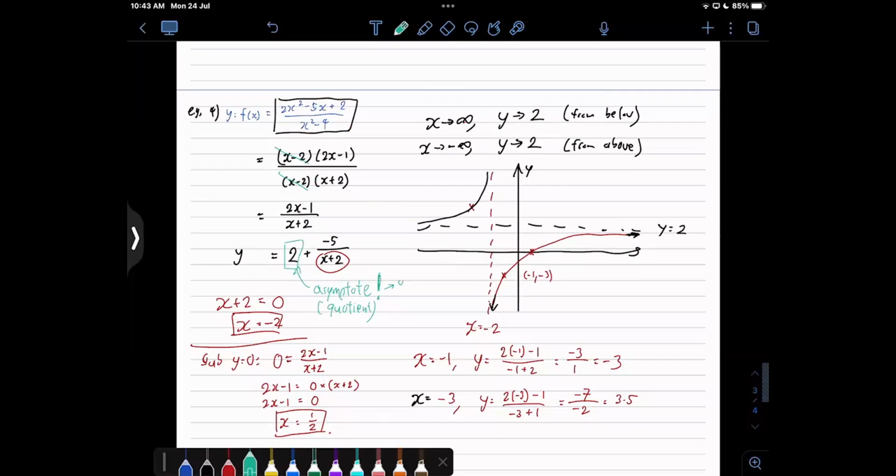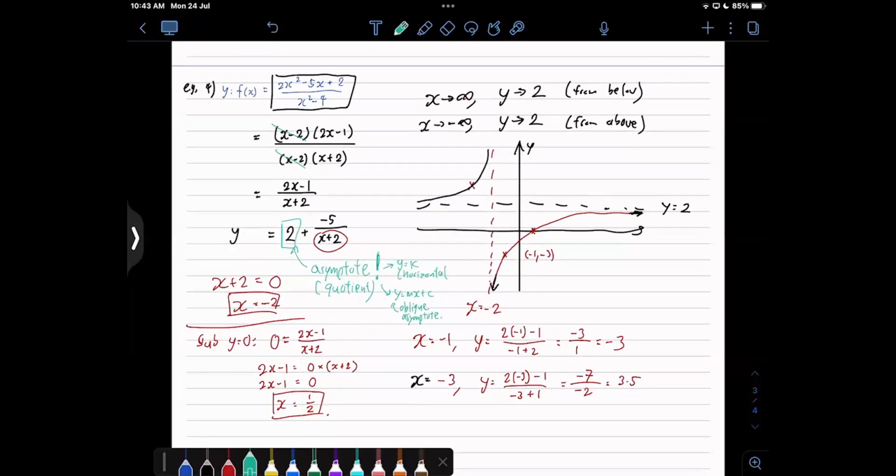This will either be y equals to a constant, what we call a horizontal asymptote, or it could be y equals to mx plus c format. Then this will be an oblique asymptote. It can get worse and become a quadratic asymptote, but honestly, in the A levels, that is not going to be discussed. So I don't think you need to know that.